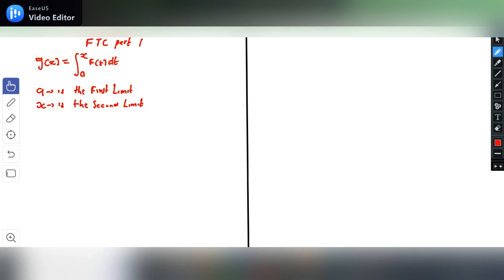Just keep it that way. And then again, you need to know that the derivative of the integral from a to x of f of t dt is equals to f of x, right?